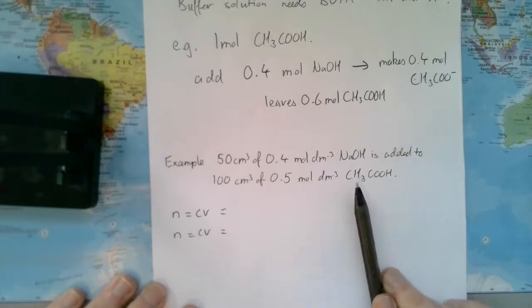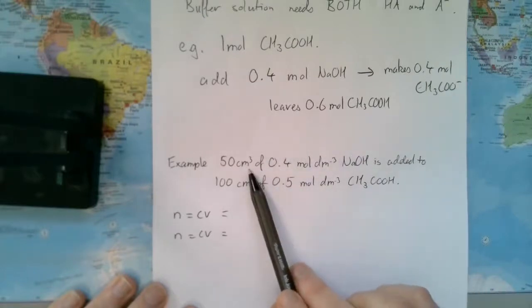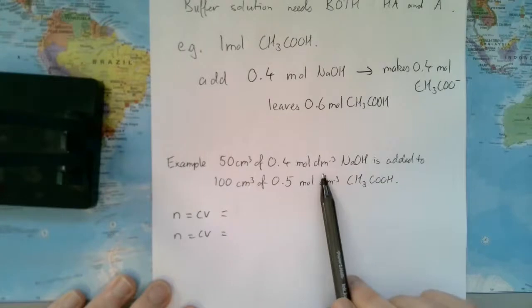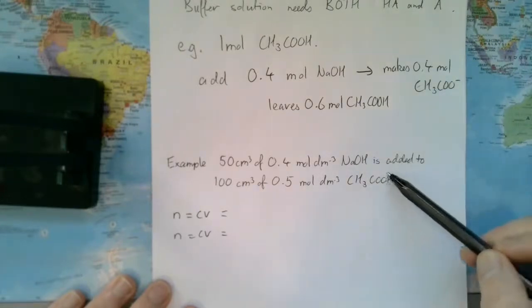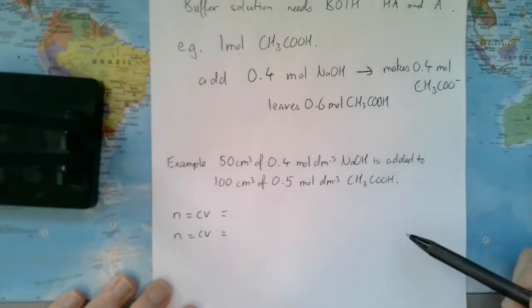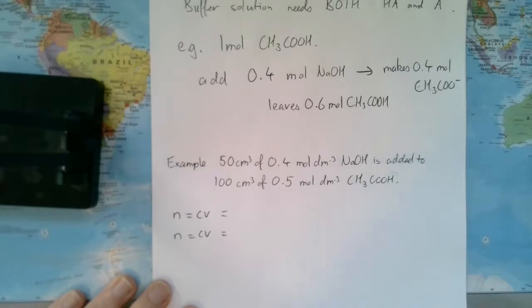Again, you can pause and try just stepwise. The first thing you will have to do is going to be just like last time, work out the number of moles of each. Then see if you can work out how many moles excess of your weak acid you've got, and work out how many moles of the conjugate base will be formed.